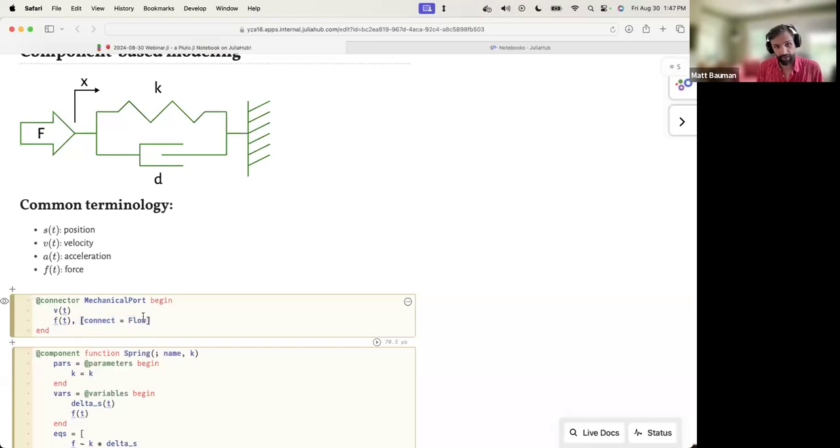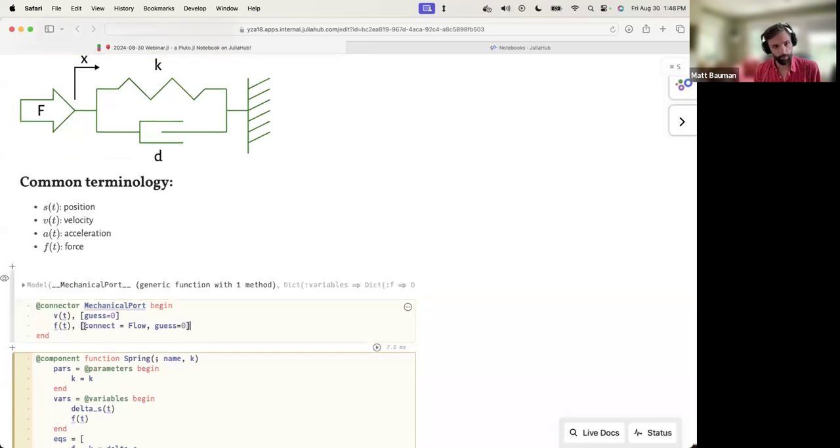So this is a flow connector, whereas the velocity by default will connect such that they're equal. There's one other thing that I need to do here that can be helpful: let's provide the system with a guess. That can be helpful just for speeding things up, and our velocities will start at a velocity of zero. Same thing with our force. Let's just guess at zero. That's just a nice little thing to do to help ourselves keep track of things. So this gives us our mechanical port.